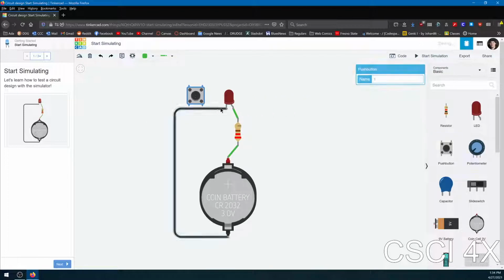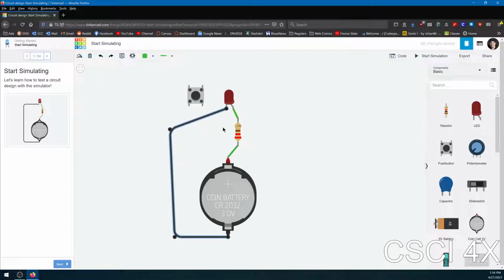Let's add a momentary push button switch to this. Alright, yeah, that works. So when I click on the button, the light turns on.